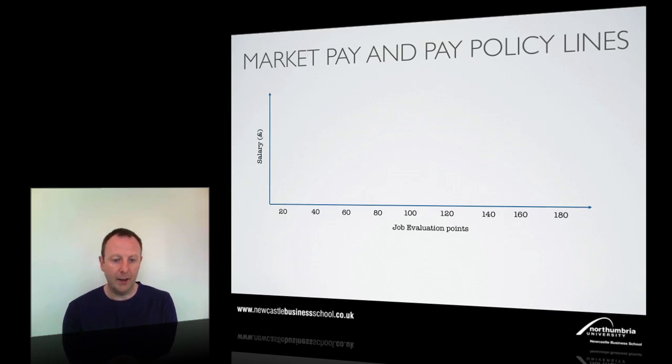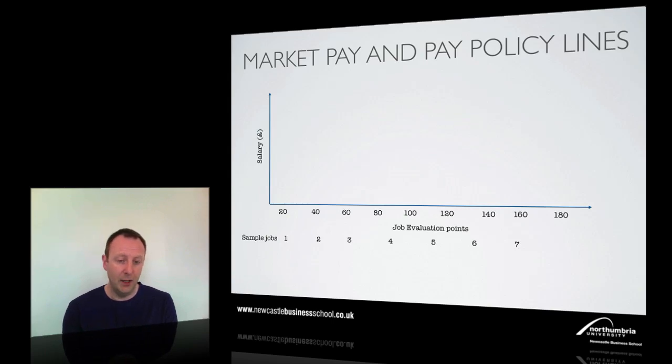horizontal axis. Now, out of all of the jobs in our organisation, we would typically want to sample a number of jobs, not all of them, particularly if our organisation was quite large. We would want to sample some from the bottom, some from the middle, and some from the top of every discrete structure that we are going to have in place.